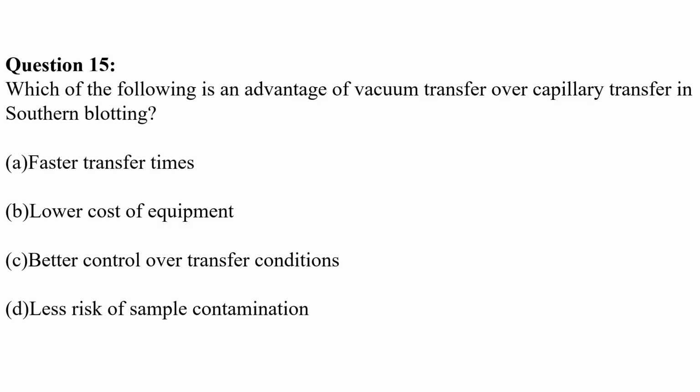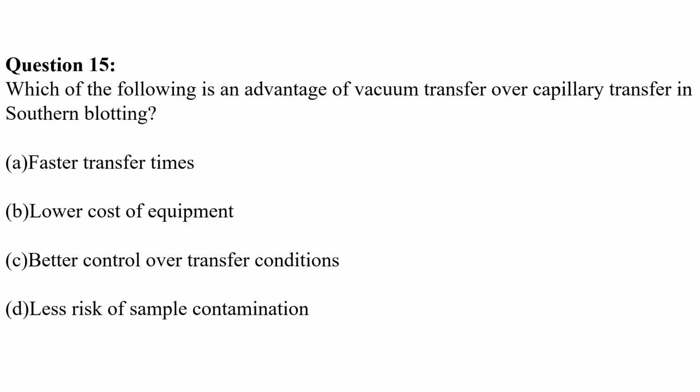Option C, better control over transfer conditions. And option D, less risk of sample contamination. Which of the following is an advantage of vacuum transfer over capillary transfer in southern blotting? Faster transfer times, lower cost of equipment, better control over transfer condition, or less risk of sample contamination.